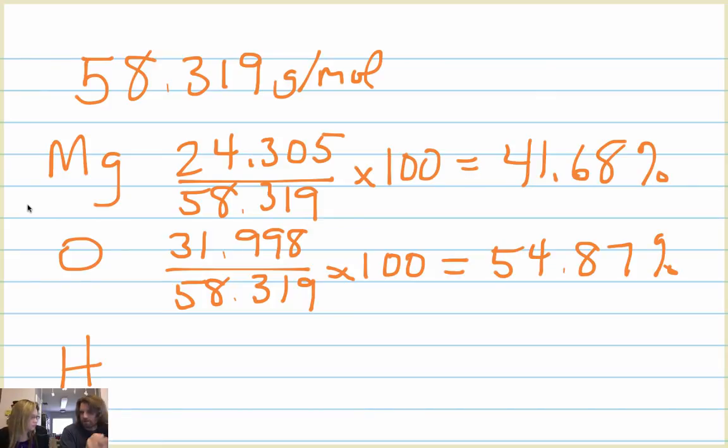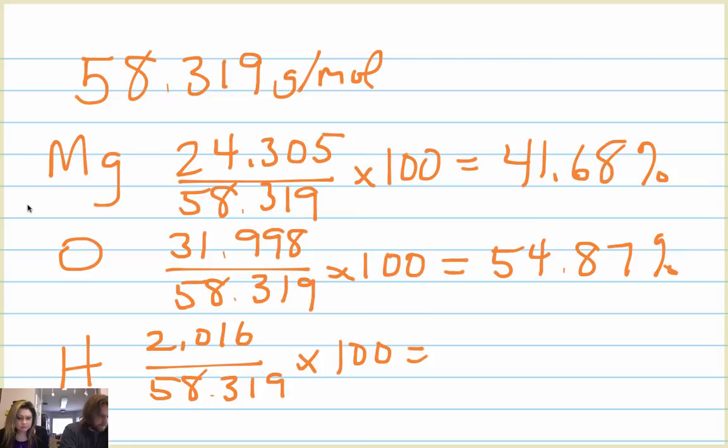With the rounding, sometimes if you get like 100.1% or something like that, that's okay. So the part for hydrogen was 2.016 divided by the whole, times 100. That's going to give us approximately 3.45% or so.